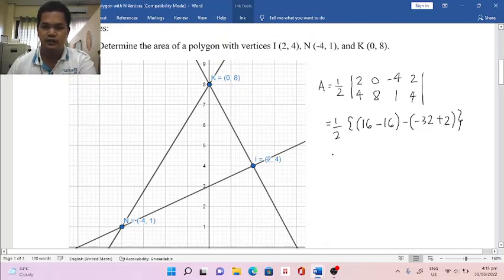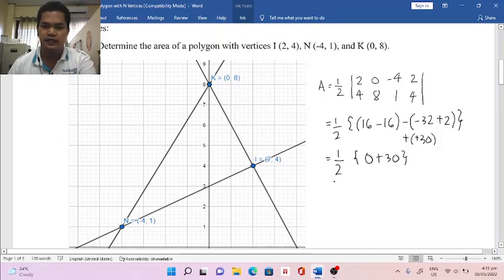Let us continue. 1 half multiplied by, this is 0. 16 minus 16 is 0. And then this one is negative 32 plus 2, which is negative 30. And since this is subtraction, negative 30, change the sign of the subtrahend and proceed to addition. So this will be plus 30.